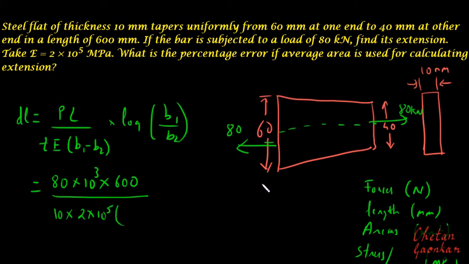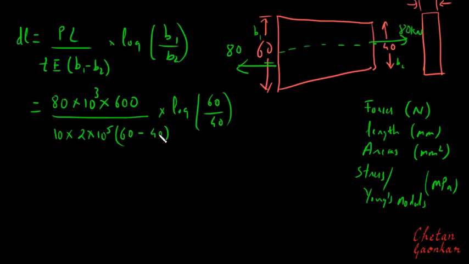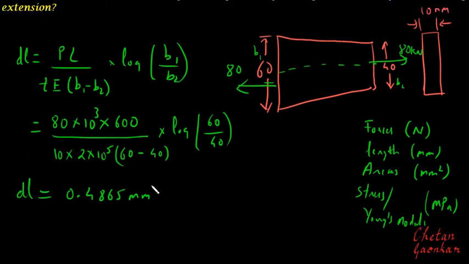B1 is 60 and B2 is 40, so this will be 60 minus 40 multiplied by log of 60 divided by 40. From here onwards it is very easy to put this in a calculator. We get 0.4865 mm. So we have got the deformation with this expression as 0.4865 mm.